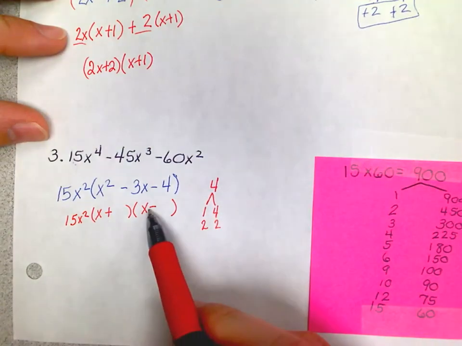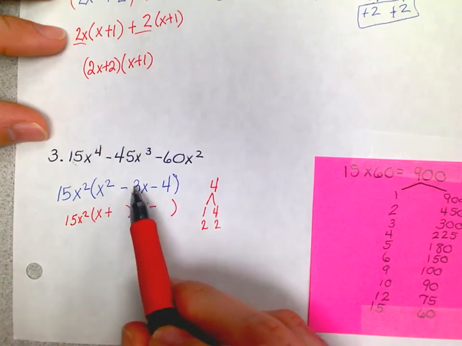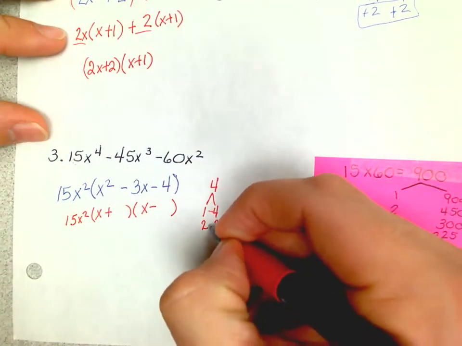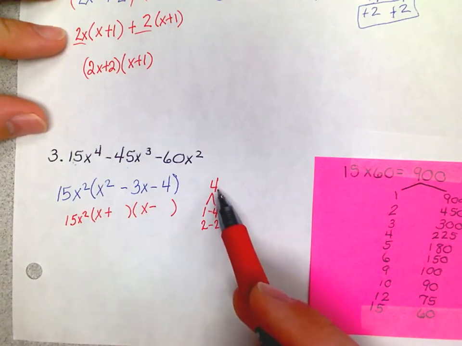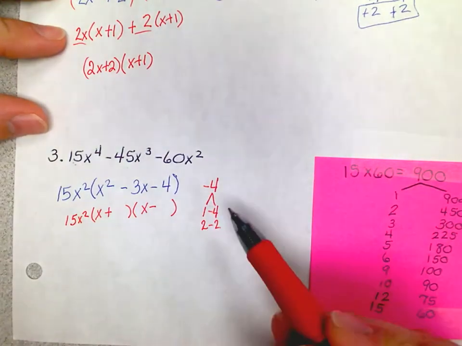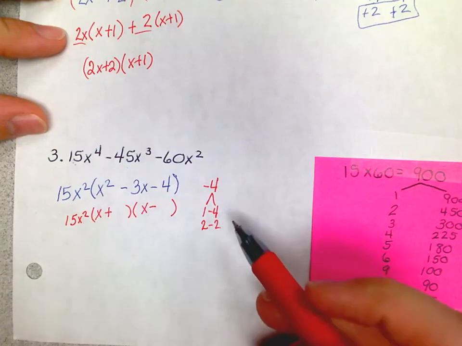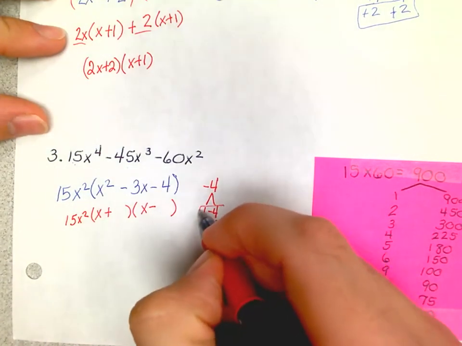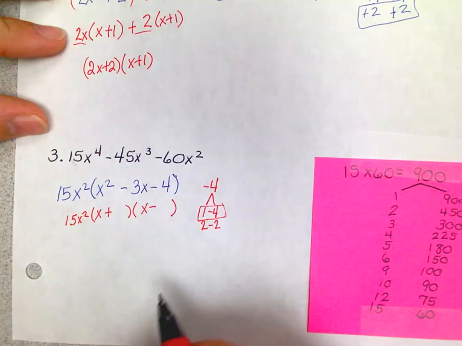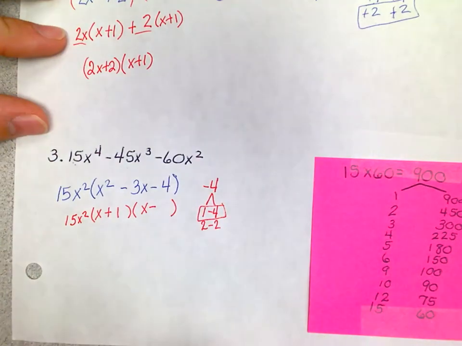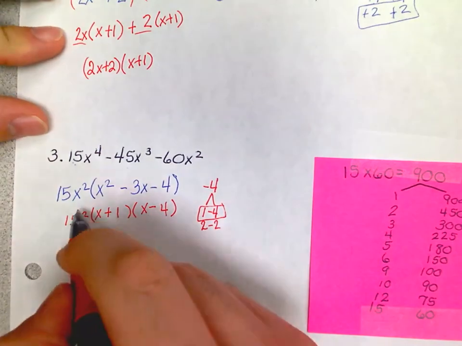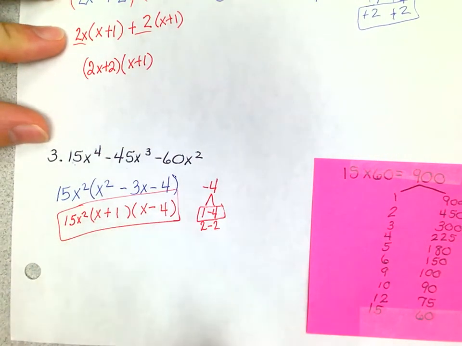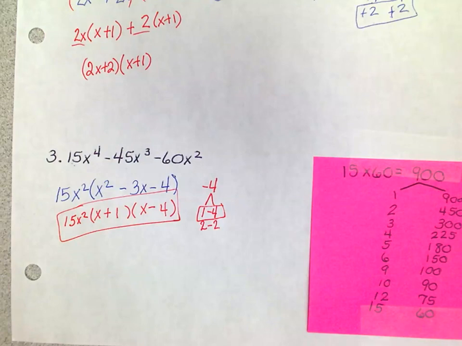One will be positive, one will be negative, and since the b term is negative, that means the larger number will be negative. So what numbers multiply to give us negative 4 and, when added together, give you a negative 3? If you look, the 1 and the negative 4 works. So place the positive 1 in with the plus, the negative 4 in with the minus. So just write a 4 in there. And that is the answer for that type of trinomial.